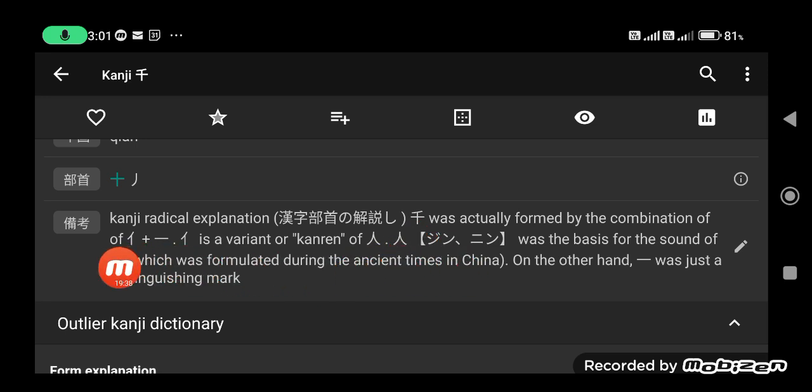This combination, human plus ichi, was the basis, during the ancient times in China, not for the form or meaning, but for the sound of this kanji character. On the other hand, ichi was just a distinguishing mark. It's a key concept, and I will put in the description box also the distinguishing mark, Kanji Key Concept.